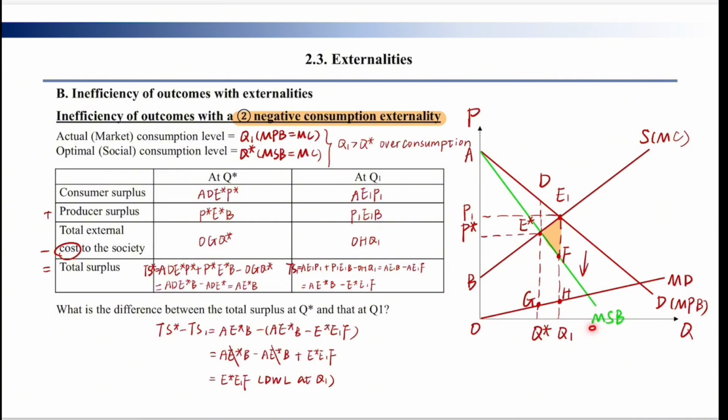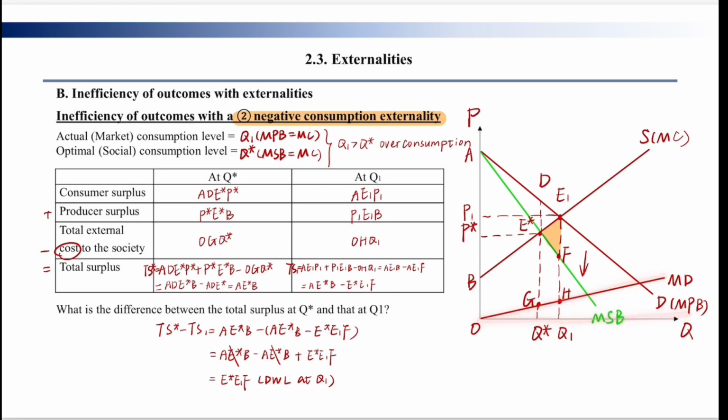Because the MSB is related to the society, it takes the whole society into account. We also know that the MSB is equal to the MPB minus MD. So we know how to draw the MPB, we know how to draw the MD, we also know how to draw the MSB. Right? That is to say, the distance of MD from the x-axis is equivalent to how much the MSB will decrease from MPB.